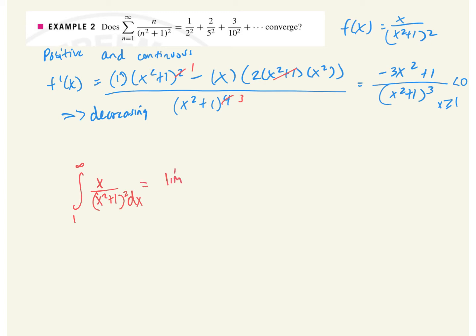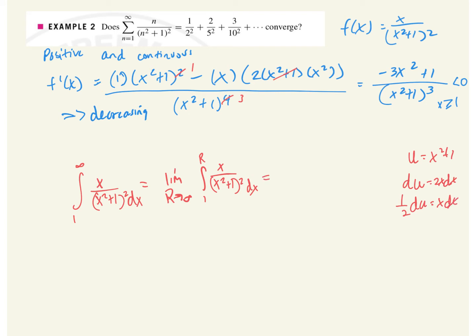So limit as r approaches infinity of the integral from 1 to r of x over x squared plus 1 squared dx. All right, so my u is the x squared plus 1. My du is the 2x dx. 1/2 du is then x dx.